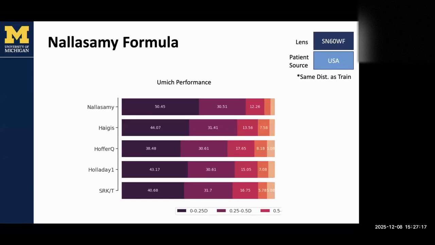Okay. So out of the bag, I just tested the Nalisamy formula on these different lenses and different patient populations. This is the performance on the SM60WF lens in the US population, which is what the formula is trained and tested on. This model outperforms the other IOL power formulas.